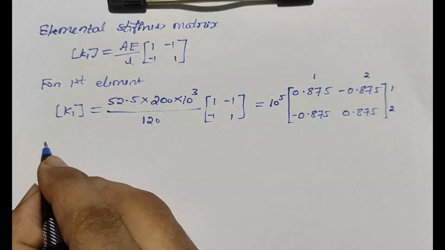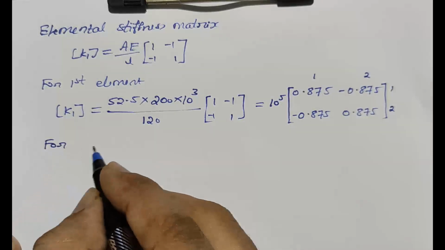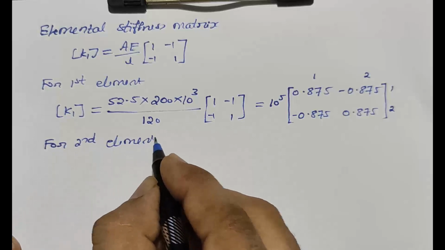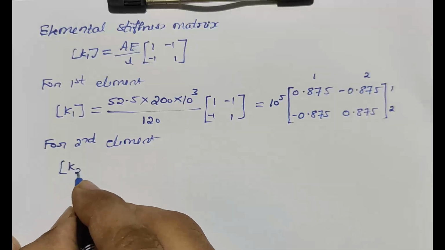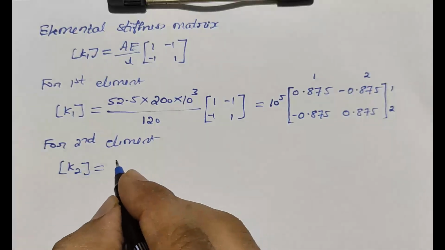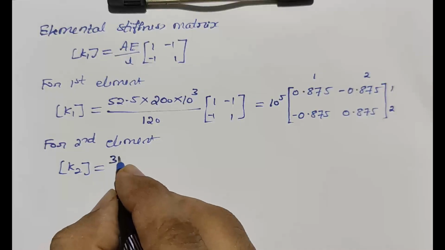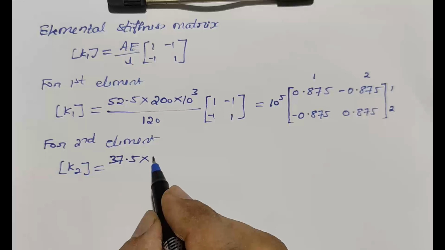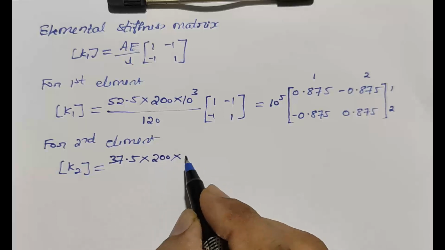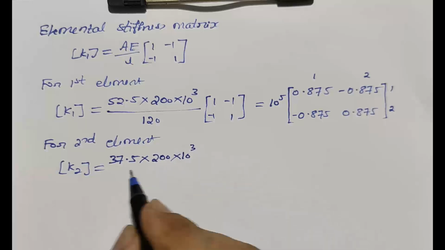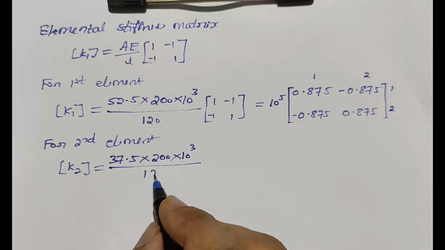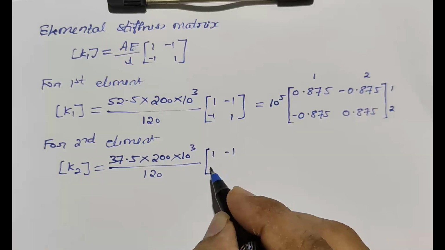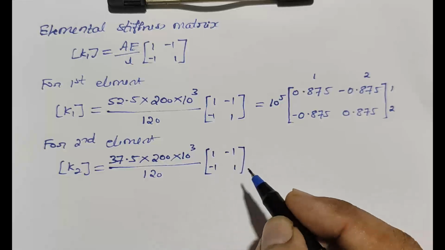Next, for the second element, K2 is the cross sectional area 37.5 mm square into Young's modulus 200 into 10 power 3 by length 120, times [1 -1; -1 1].